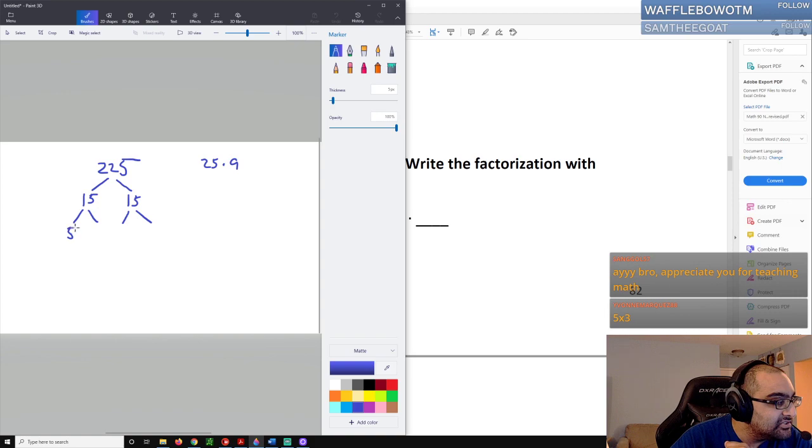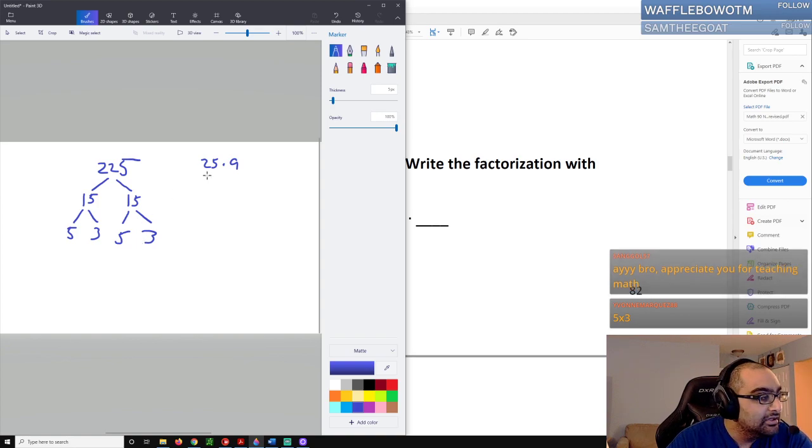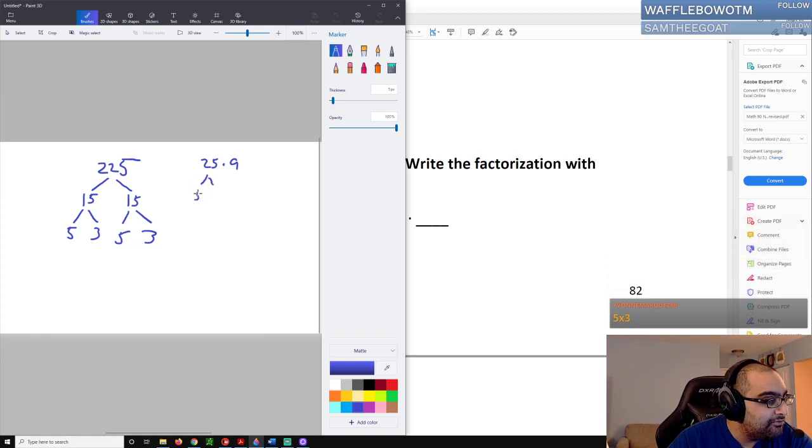Exactly. Nice. So 5 times 3 is 15, and we'll put that twice since we have 2 15s. Again, with 25, you would have 5 and 5. And 9, we do have 3 and 3. You get the same numbers regardless. Just showing off that you get the same answer no matter which way you go.